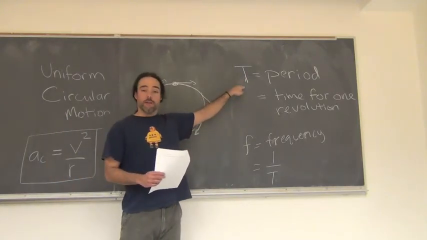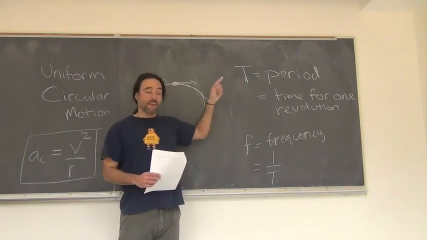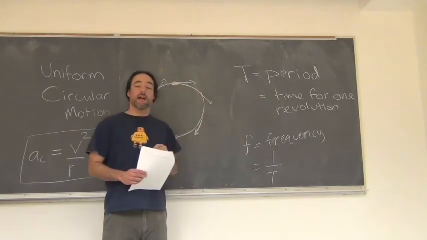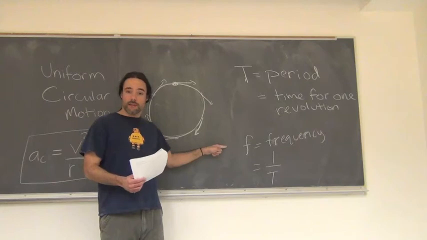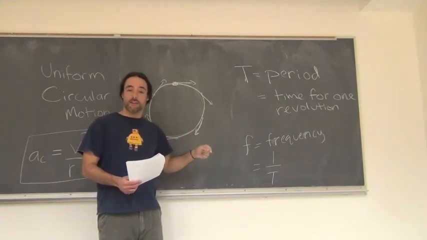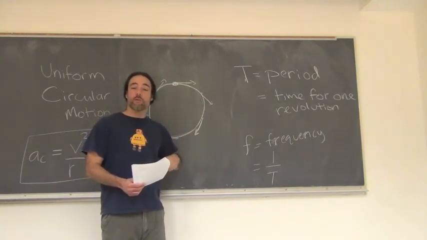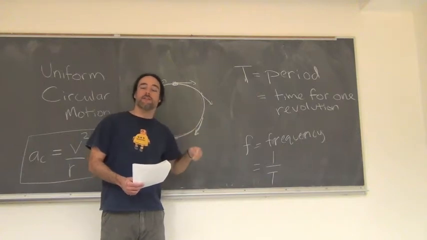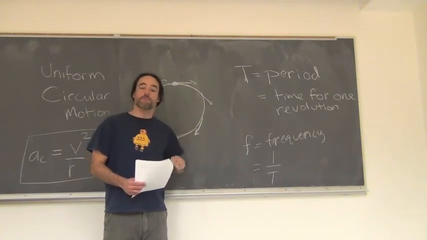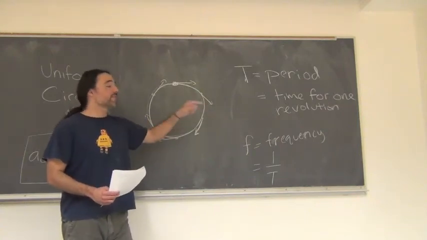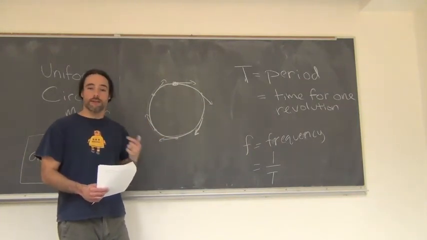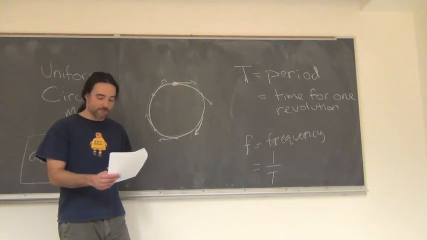That would be the period. 0.1 seconds, 1/10 of a second, is the time it takes per one revolution. We could also say equivalently, if it takes 1/10 of a second, then you would be going around with a frequency of 10 times per second. So 10 revolutions per second. So we can go back and forth between period and frequency interchangeably. They provide the same information.